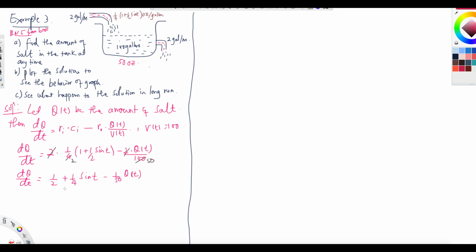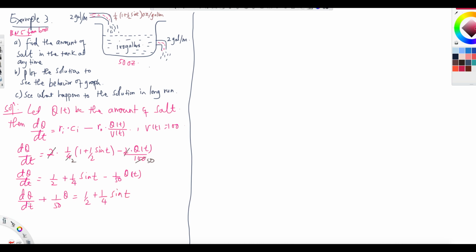So we want to write this in the linear form. You want to add 1/50 Q(t) on both sides. So you get dQ/dt plus 1/50 Q equals 1/2 plus 1/4 sine t, which is the standard linear form.